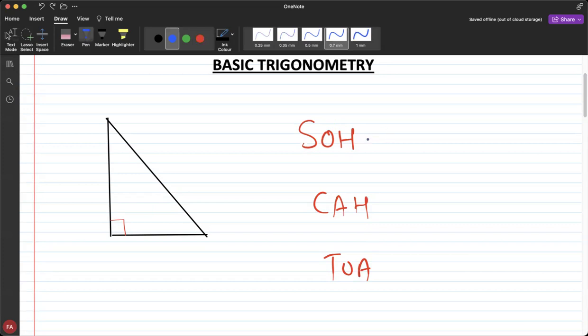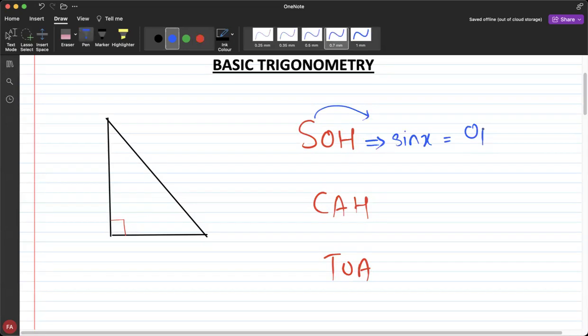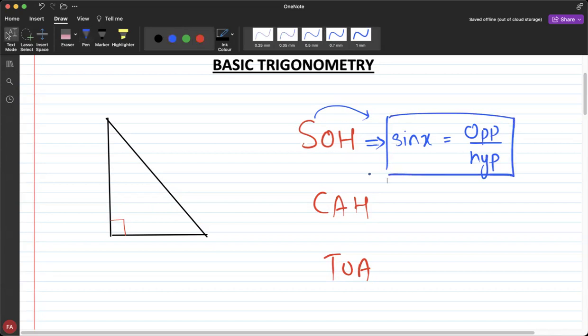Now, what does that mean? The S stands for sine, or sin in short. Sin x is equal to O, which represents opposite, over hypotenuse. This is one of the trig functions, trigonometric functions.